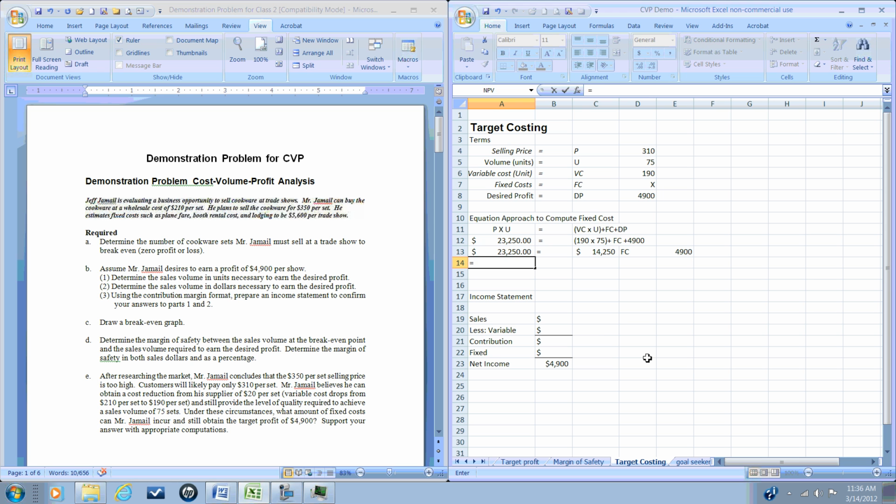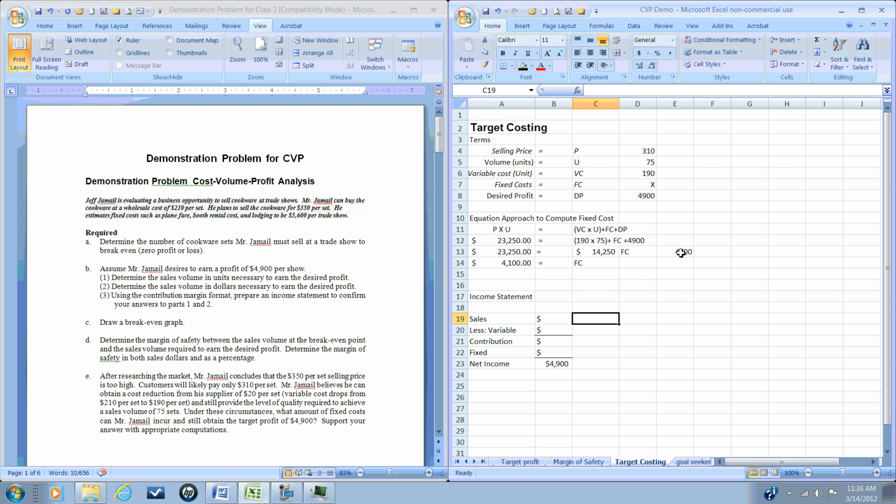So that gives us 23,250 minus the 14,250 minus the 4,900. That tells us 4,100 equals our fixed cost. So we have to set our fixed cost at $4,100 in order to be able to earn a profit of $4,900 based on our budgeted sales.